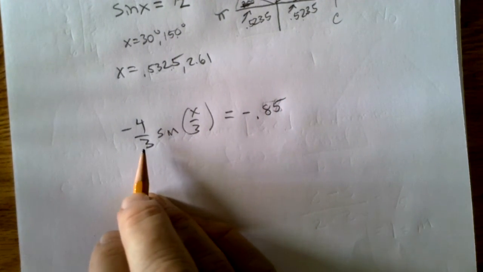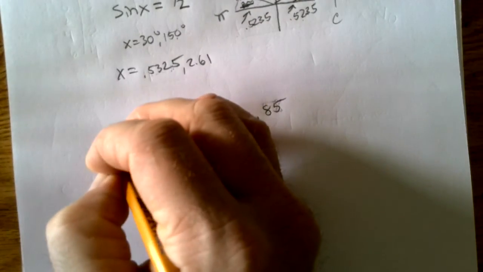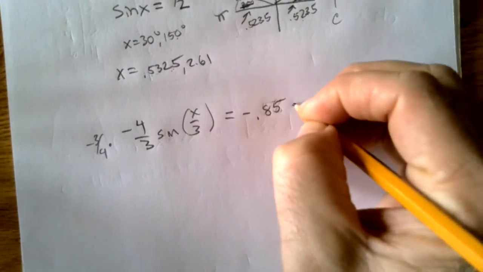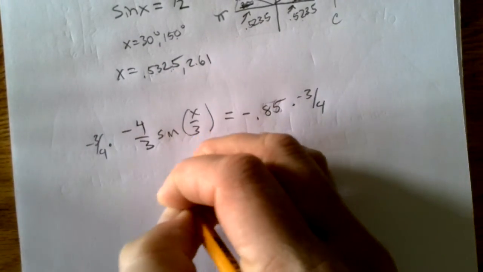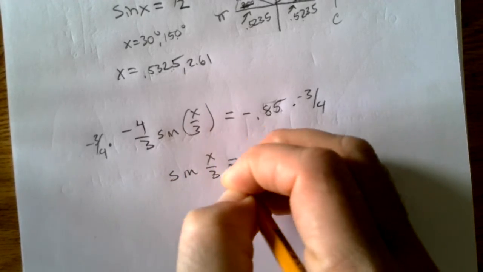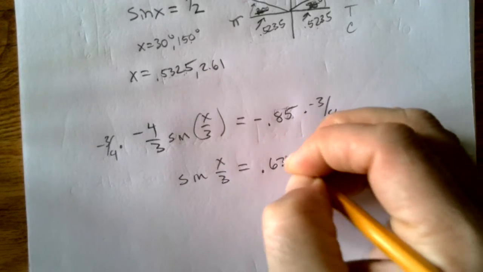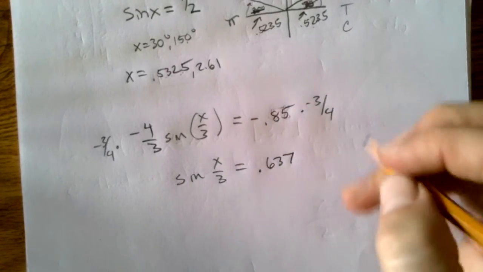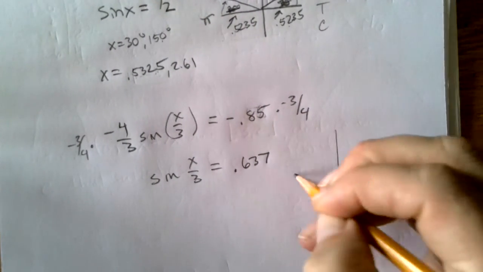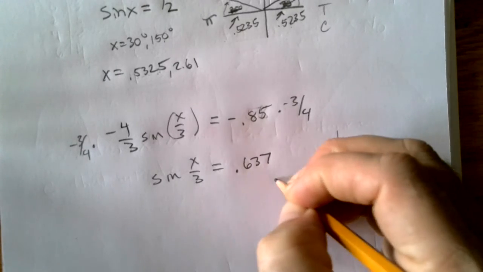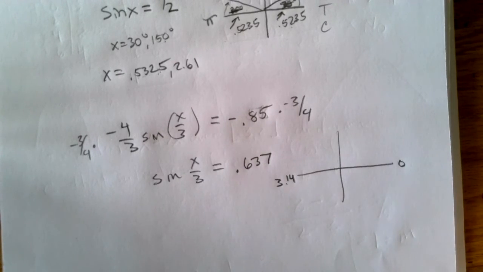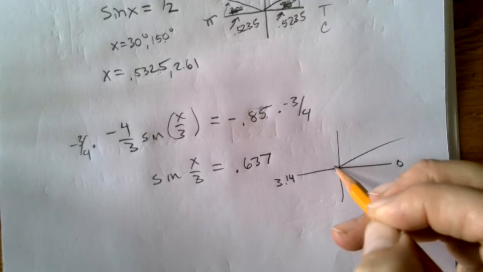And then when you multiply both sides by negative 3/4, you get sine of x over 3 is equal to 0.637. So again, we set it up where this is 0, this is 3.14, pi, and sine is positive in the first two quadrants.